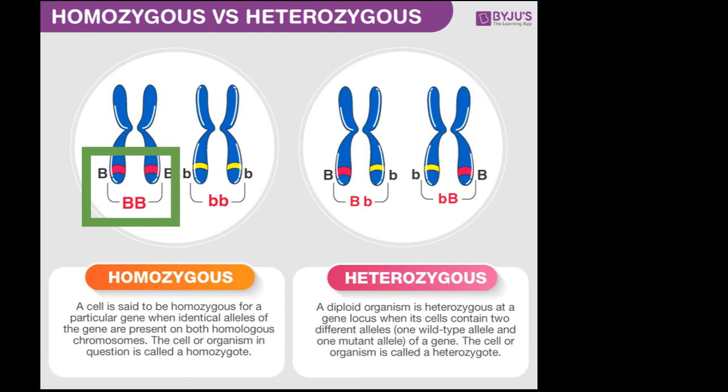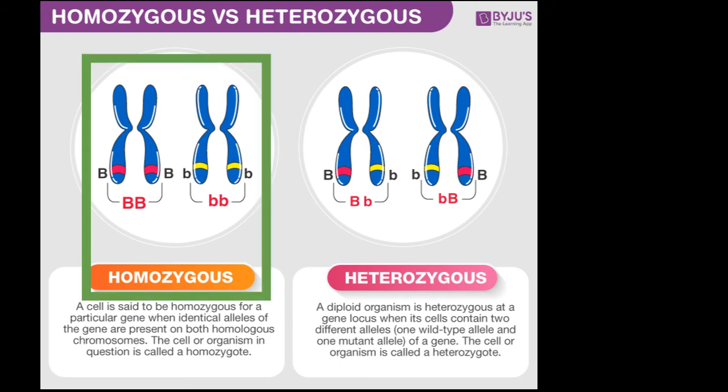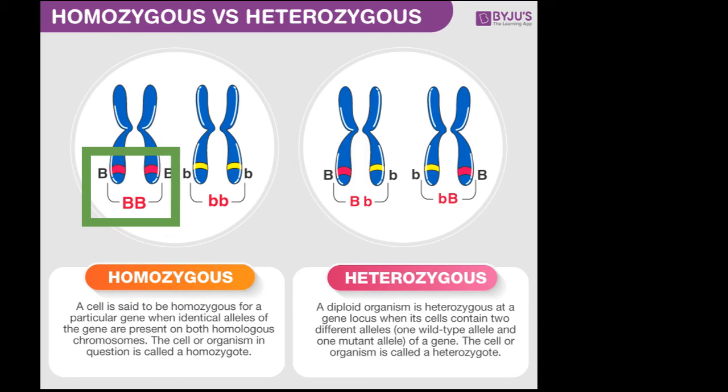The one right here has got 2 little b's on it. Same version of the gene for eyes here. So we got 2 little b's. These 2 are homozygous. Homo meaning same. Okay, and it can be either homozygous dominant, like the big B, or homozygous recessive, like the little b.